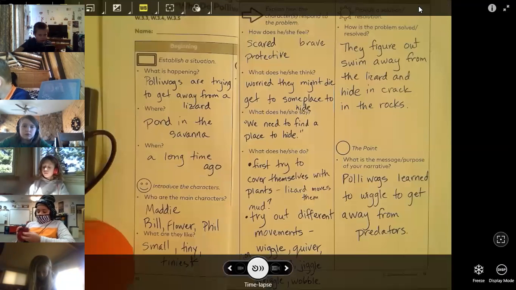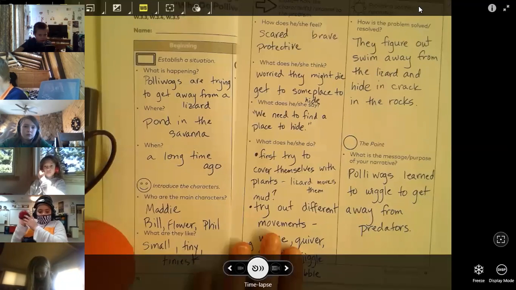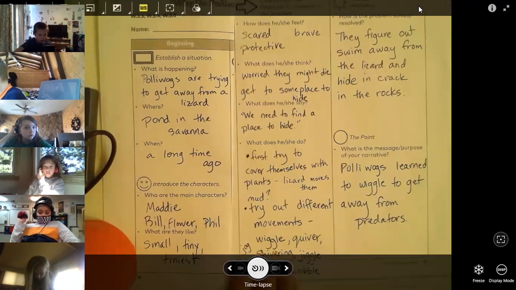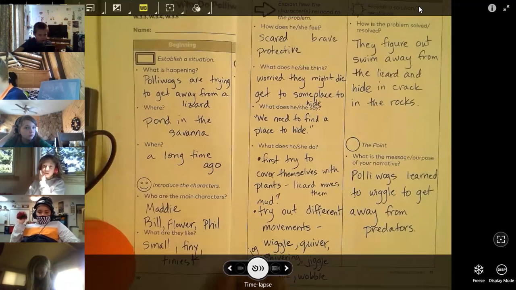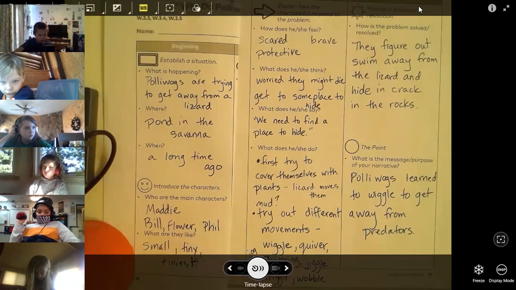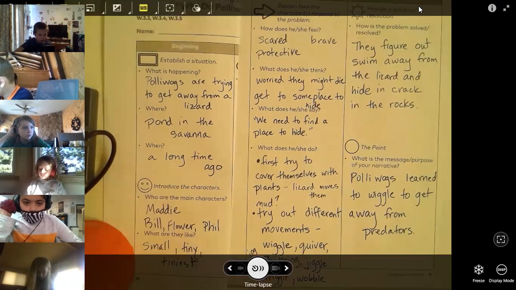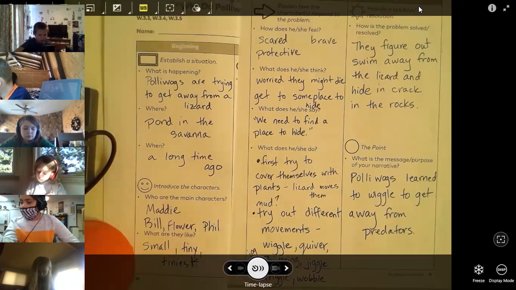All right. So is this our whole story? No. This is just our plan. We're gonna get to the writing part after your Thanksgiving break. We're gonna write our sentences and turn it into an actual story, real narrative. But I wanted you to go through the process of how you are going to think when you come up with your story.